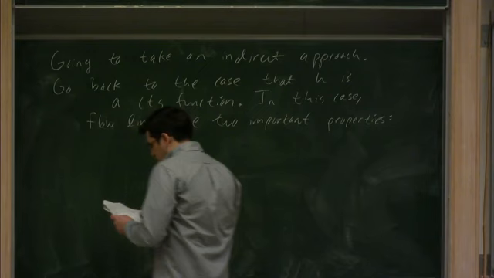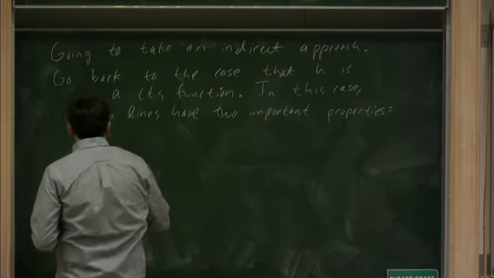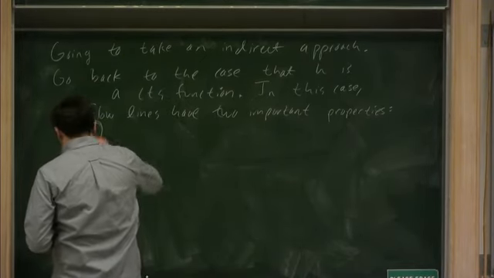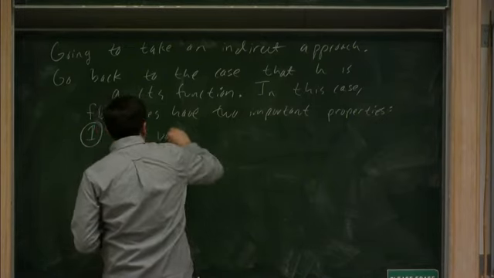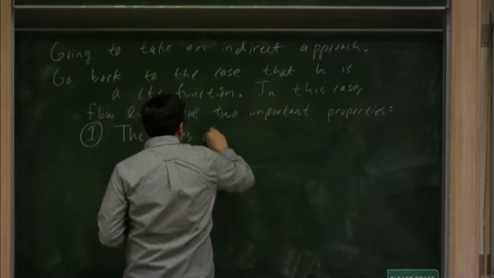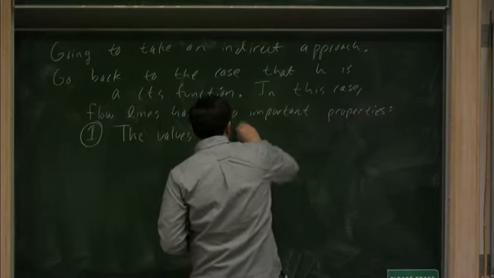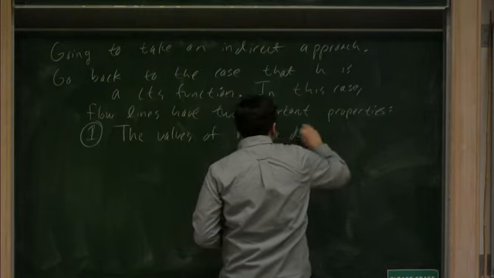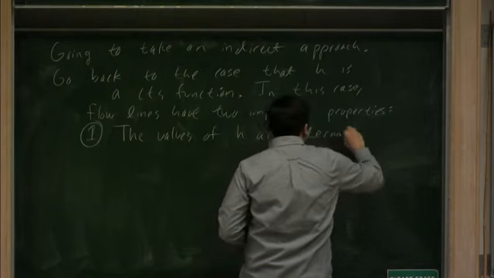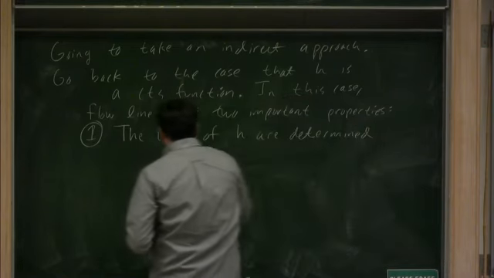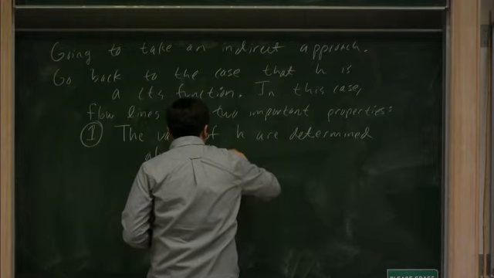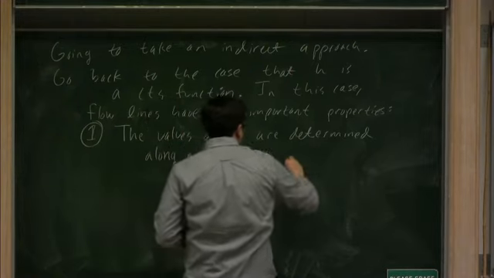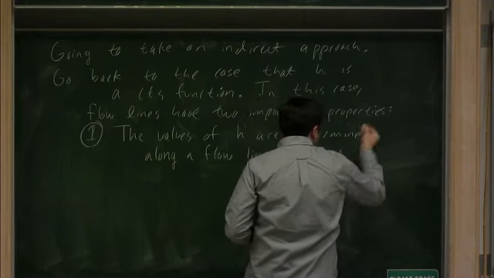The first property, the first sort of observation, is that the values of your function h are determined along a flow line eta by the path eta itself.